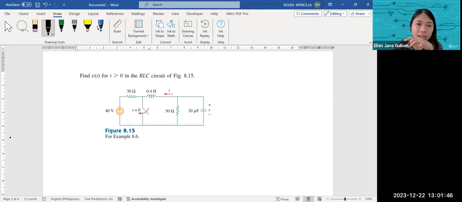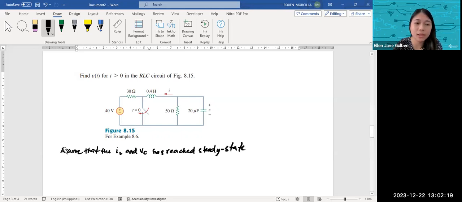So having said that the switching happened at t is equal to 0, we can assume that the current IL and VC has reached steady state. Assume that the IL and VC has reached steady state.